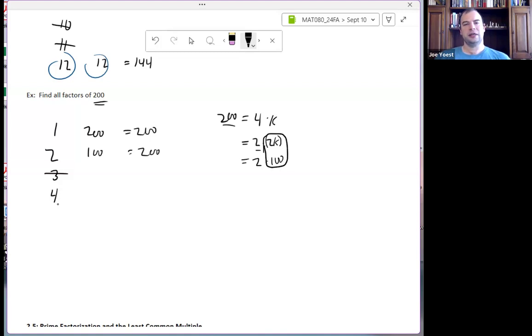So 200 is a multiple of 4 if and only if 2k equals 100, or if 100 is a multiple of 2. But 100 is 2 times 50. So I know that 100 is a multiple of 2, and 200 is a multiple of 4. In fact, it's 4 times 50.